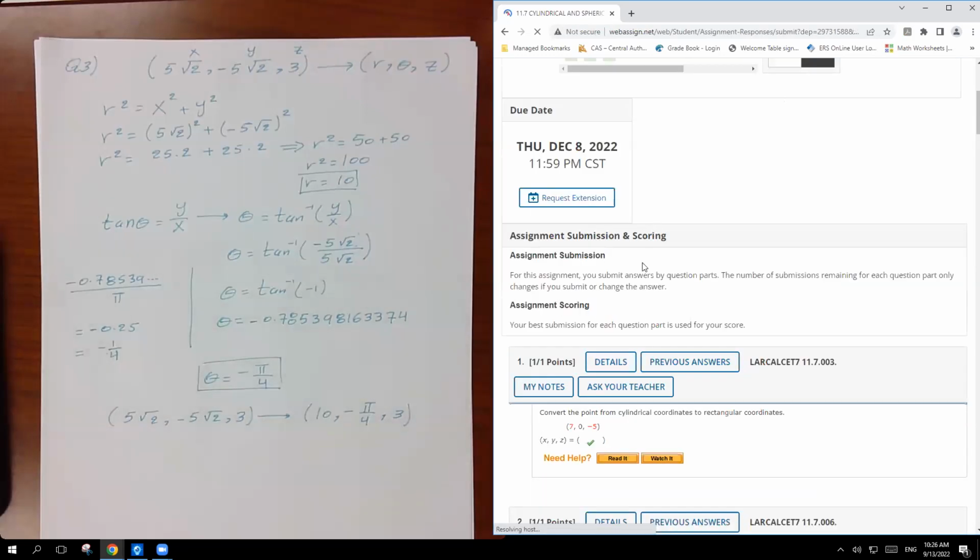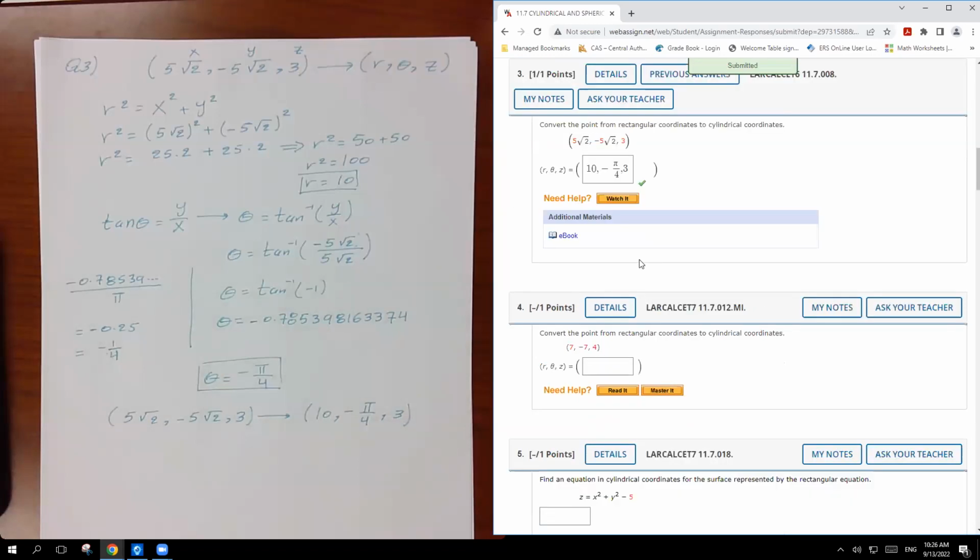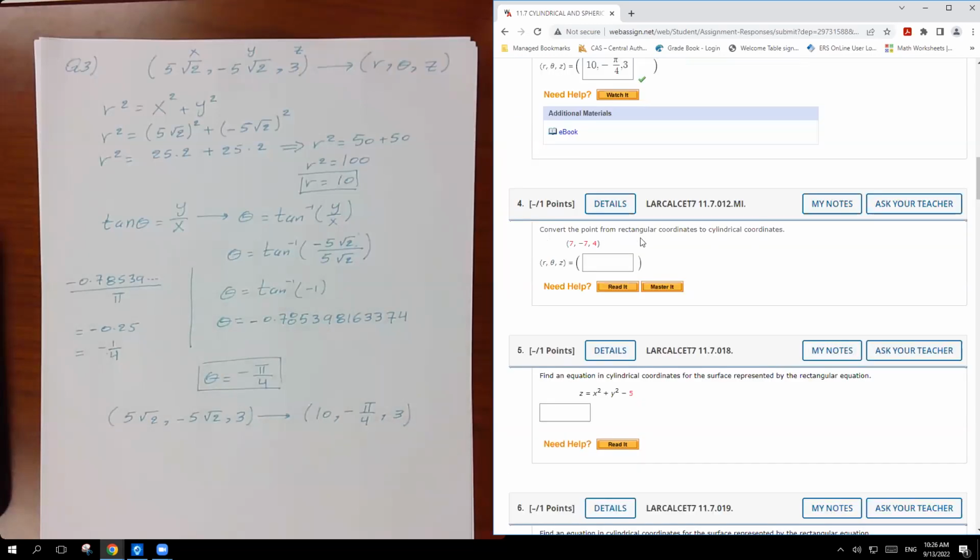I think we're going to do exactly the same thing for example 4. Convert the point from rectangular coordinates to cylindrical coordinates. So exactly the same thing, rectangular to cylindrical coordinates. Let's check that on example 4.